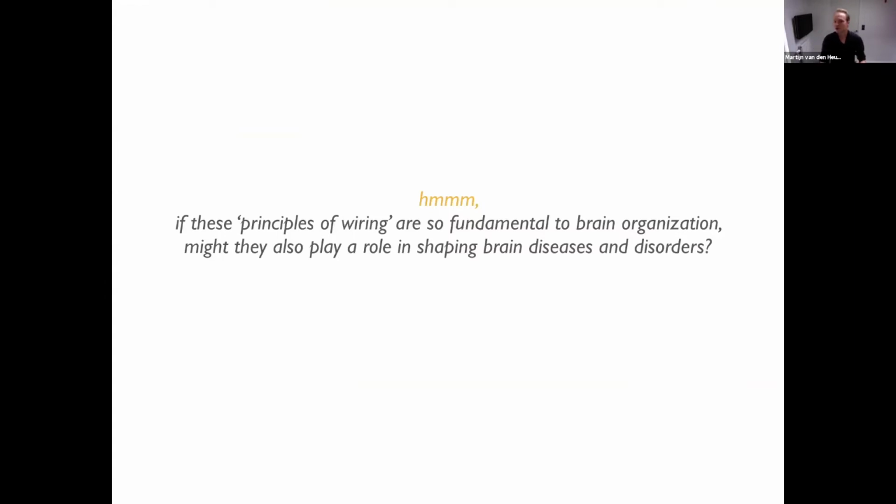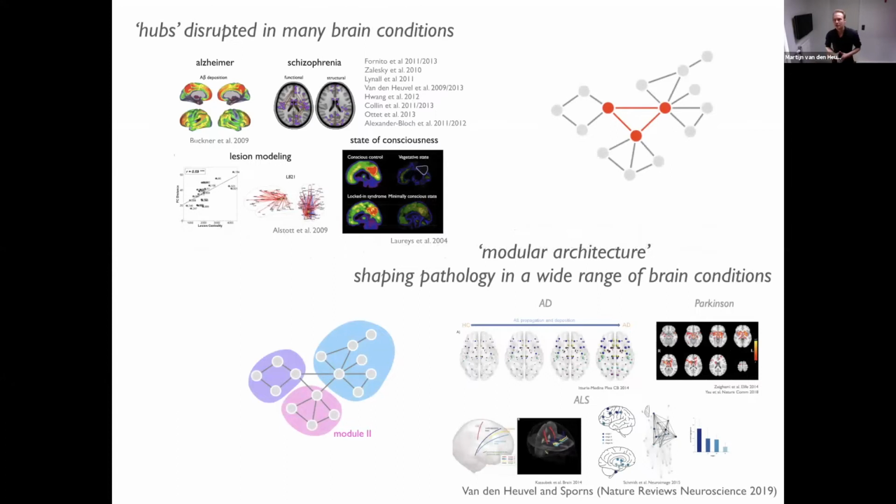Now let's switch to disease, because if these principles of wiring are so crucial for our brain organization, brain behavior, and potentially also human-unique functionality, then it must almost inevitably be that they also play a role in brain disorders. And indeed, when we start digging into the literature, this seems to be the case. Hubs, as I mentioned, have been reported to play an important role in things like schizophrenia.